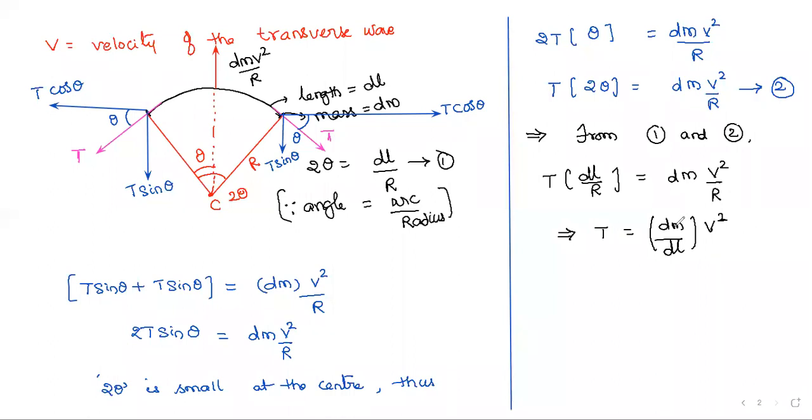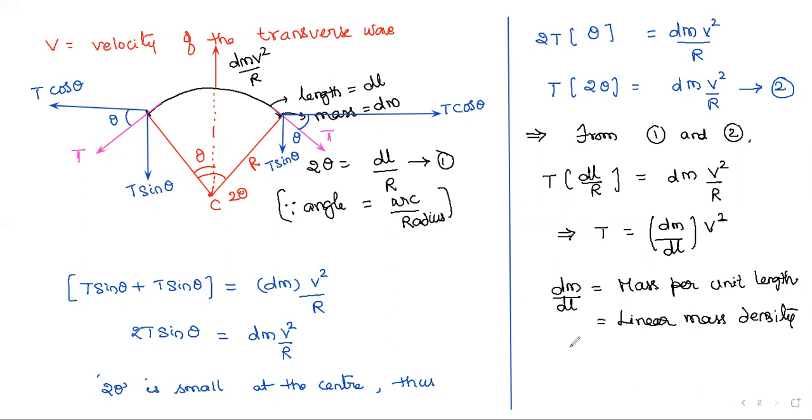It appears like mass per unit length, where dm by dl is defined as linear mass density, represented with the letter either lambda or mu.